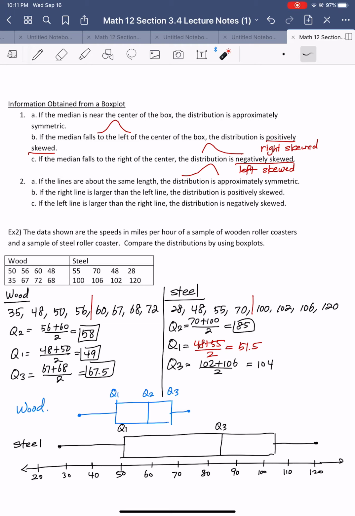They're comparing this range to this range, so the steel roller coaster has a lot larger range than the wooden coaster, which means the range of the speed of the steel coaster is larger than the wooden roller coaster. Okay, all right, so that's for this. Thank you for listening.